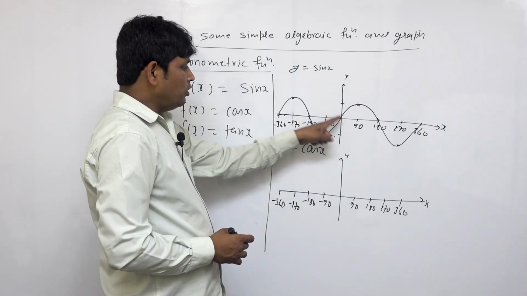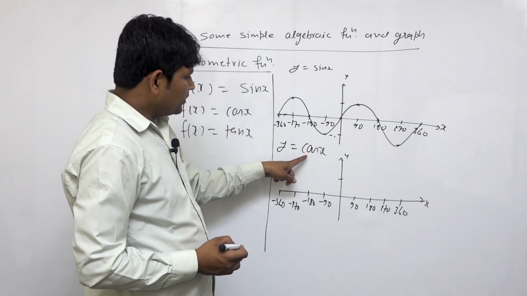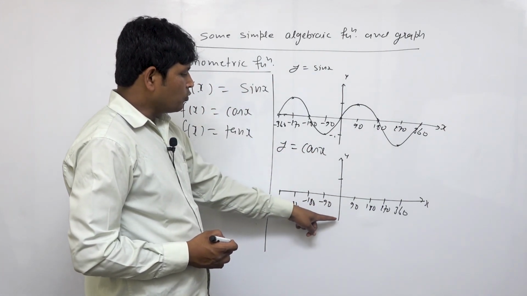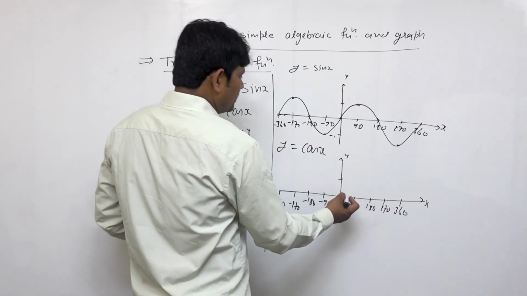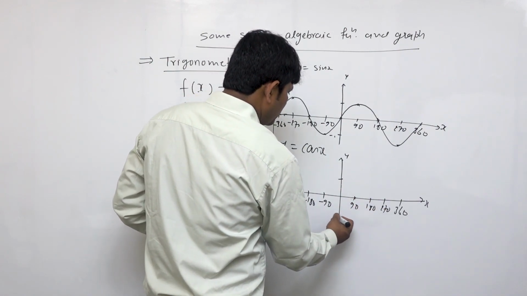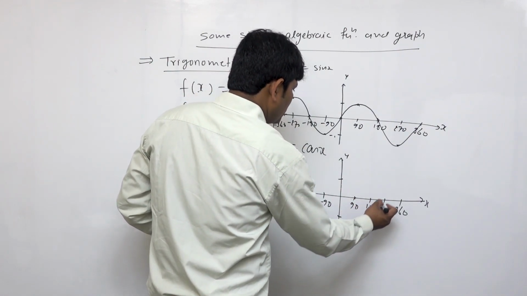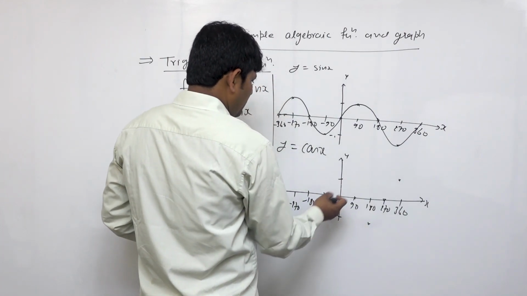What is the value of cos 0? Sin 0 is 0, but cos 0 is 1. So the range of cos is also -1 to 1, and the maximum value of cos is 1. Cos 0 is 1. Cos 90 is 0. Cos 180 is -1. You have to plot here. Cos 270 is 0.